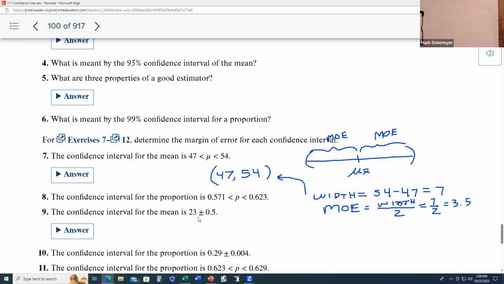All right. So what would be the margin of error for this confidence interval for an unknown population proportion? What would be the margin of error for number 8, this confidence interval? Lower end point 0.571, upper end point 0.623.